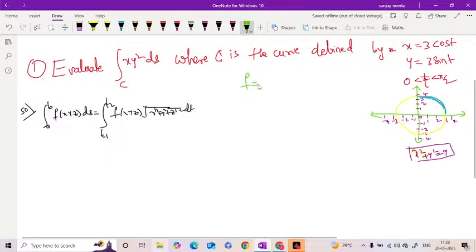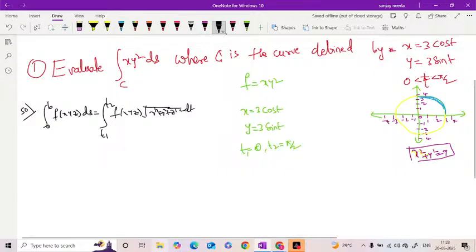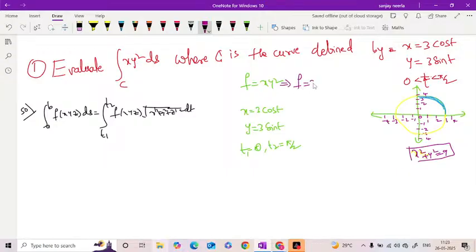What is our f here? f is equal to x y square, and x is equal to 3 cos t, y is equal to 3 sin t, and t1 is equal to 0 and t2 is equal to pi by 2. Substitute all. f in terms of the parametric form: x means here 3 cos t and y is 3 sin t whole square. That means what is our f? It is 3 cube into sin square t into cos t.